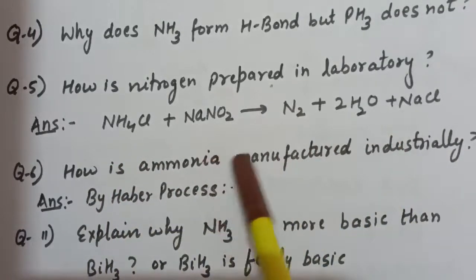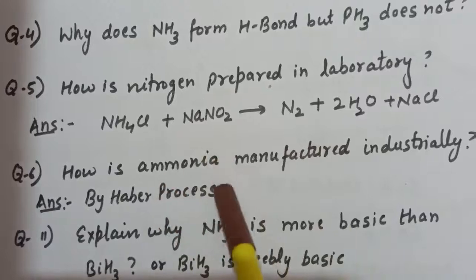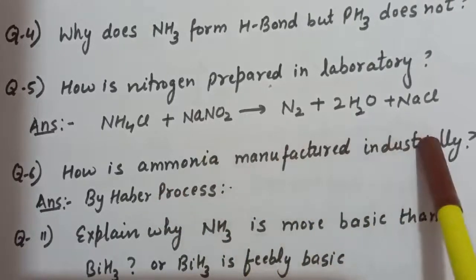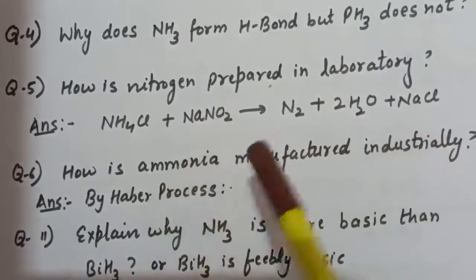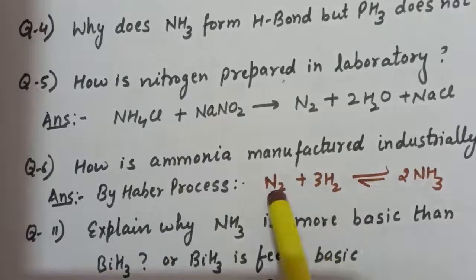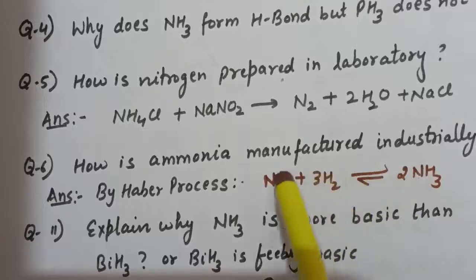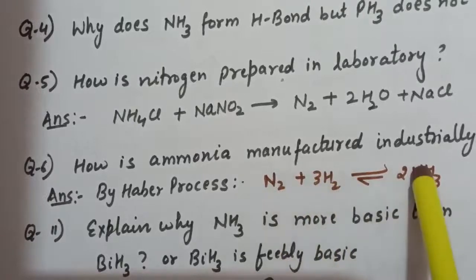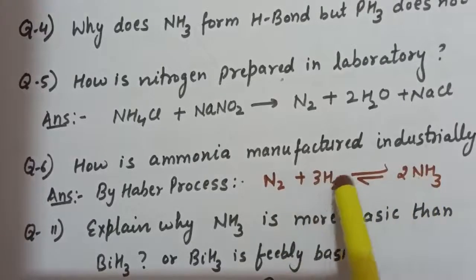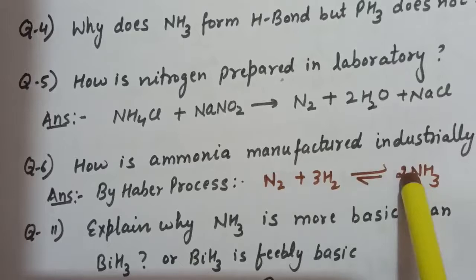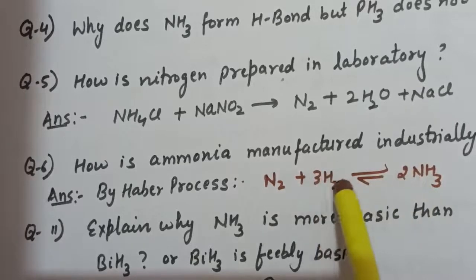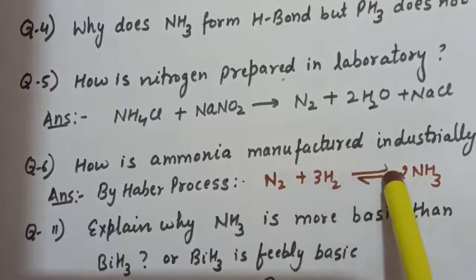The answer is that ammonia is manufactured industrially by the Haber process. The reaction is N2 reacts with H2 and ammonia forms. This reaction is favored at high pressure and at 700 Kelvin, in the presence of iron oxide as a catalyst with a small amount of Al2O3.